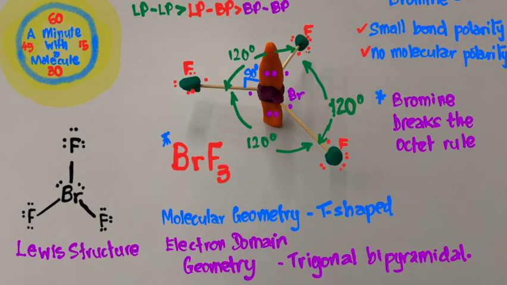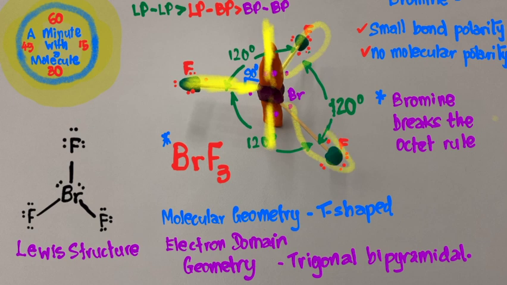So let's consider this diagram right here and what the T-shape would look like. Imagine that this bonded pair right here stayed like that, but another bonded pair came here, and the 2 lone pairs stayed in these areas here. Then we would end up with what is called a T-shaped molecule.